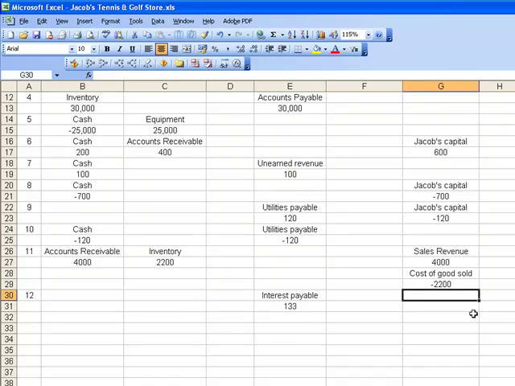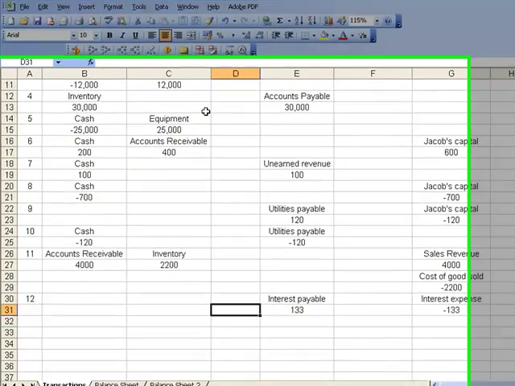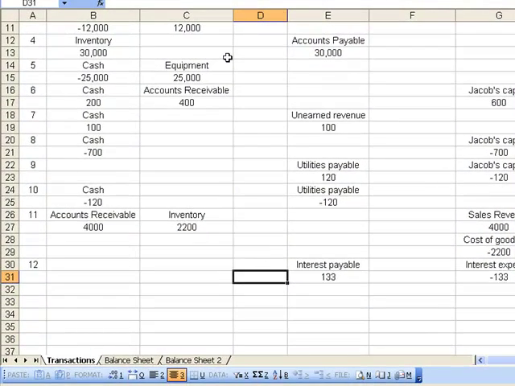And we also recognize it in Jacob's capital as an interest expense, which is also 133. So this was it for the portion of interest for January.